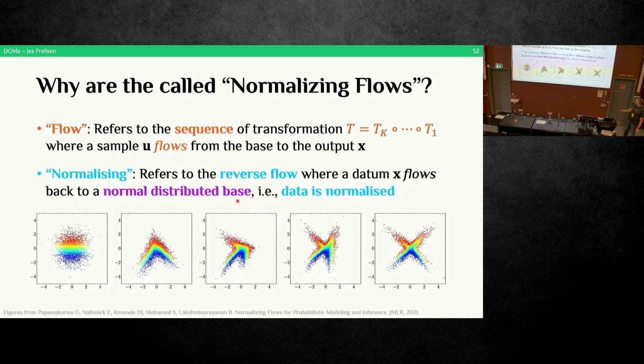The normalizing part refers to the reverse flow, where data from this complex distribution flows back to a Gaussian or normal distribution. You can think of the inverse transformation as normalizing our data in the sense that it takes our complex data distribution and transforms it into a normal, or standard Gaussian, distribution. So that's the reason why they're called normalizing flows.